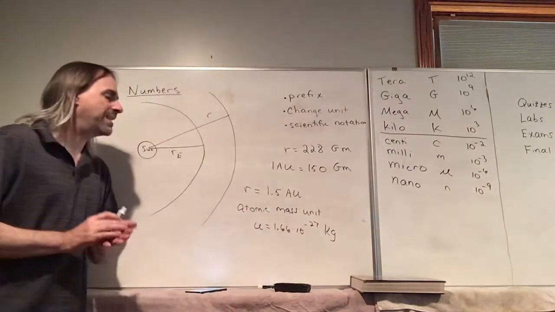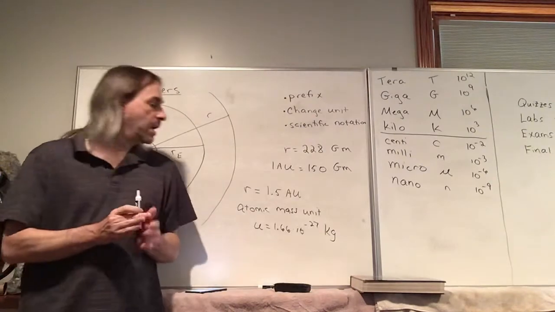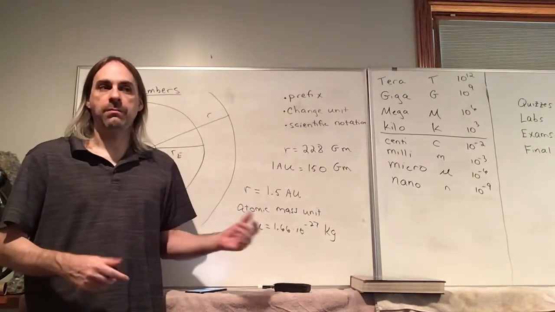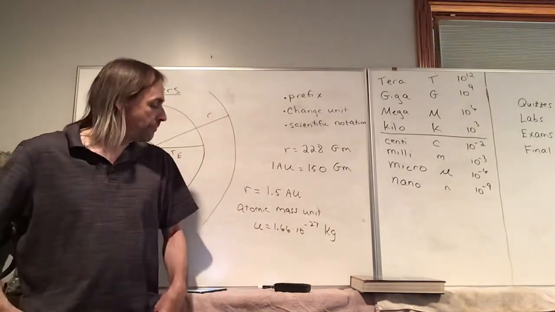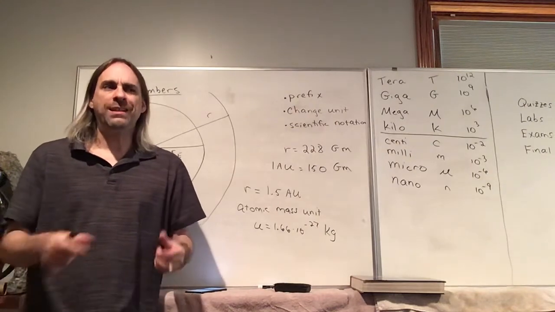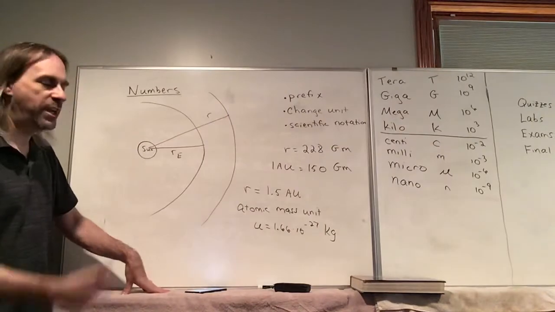Numerically, it's 1.66 times 10 to the minus 27 kilograms. And what that basically is, it's roughly the mass of either a proton or a neutron. Protons and neutrons have very similar masses, and so you can think of that roughly.